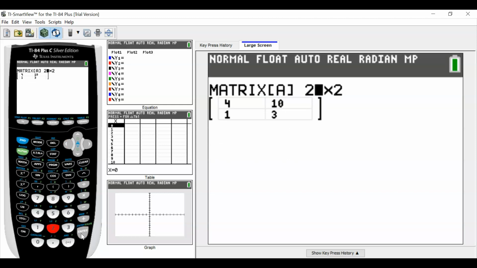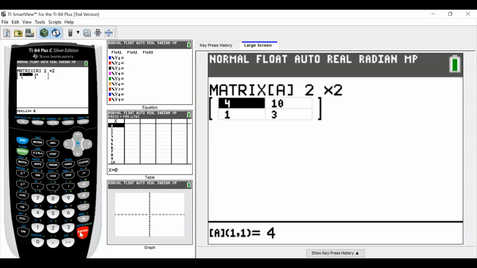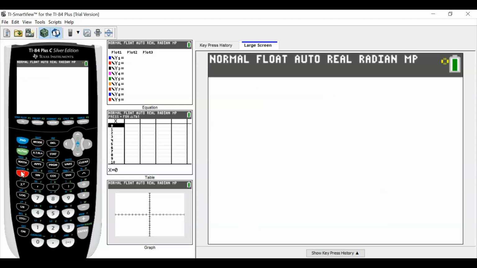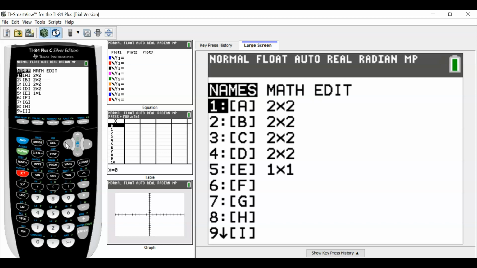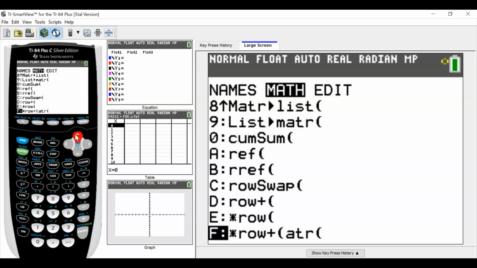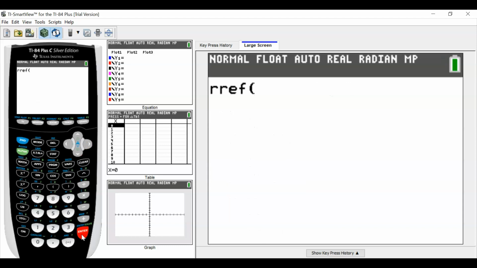So I want a 2 by 2 matrix, and my entries are 6, 2, 18, 6. Go back to the home screen and put that using the matrix menu, math, row reduced echelon form.